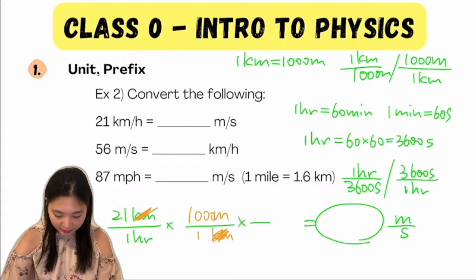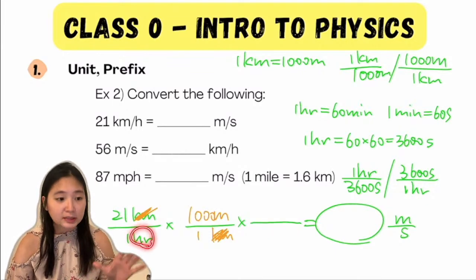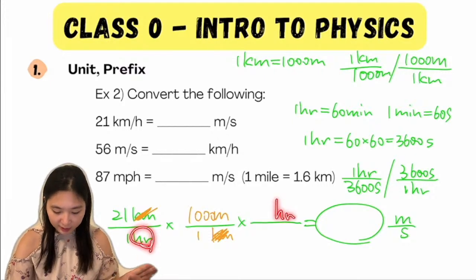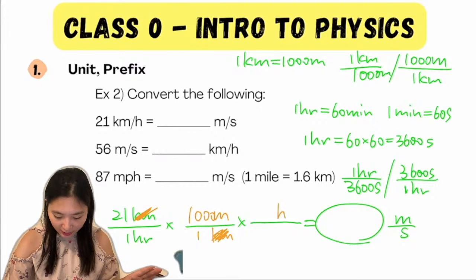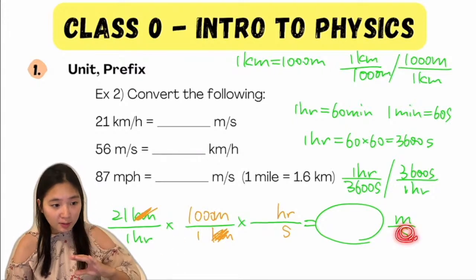I want to cancel out hour. This time I'm not going to put the hour in the denominator, because the hour is already in the denominator. To cancel it out, it has to be in the numerator. And the second has to be in the denominator, because eventually I want per second, which means seconds is the denominator.